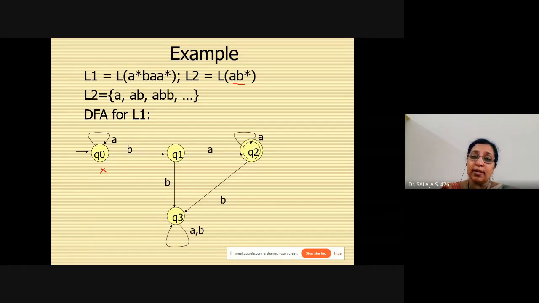At least one string from L2 has to reach the final state of L1 from the given state. So Q1 on A moves to Q2, and Q1 acts as the new final state. What about Q3? From Q3, we cannot move anywhere, and therefore it is a trap state, not a final state. Q2 on A also reaches Q2, the final state, so this is also a new final state.